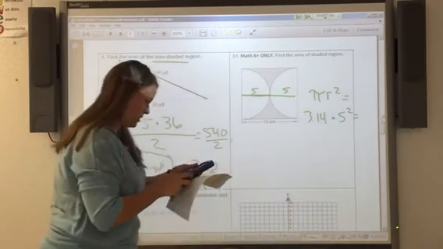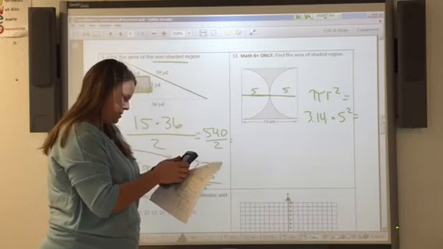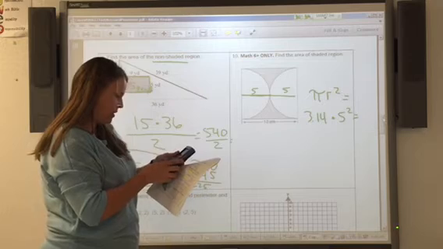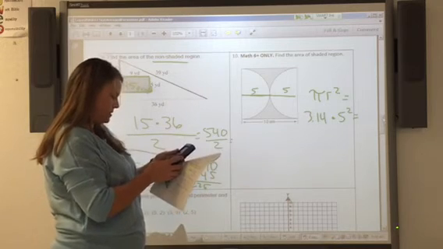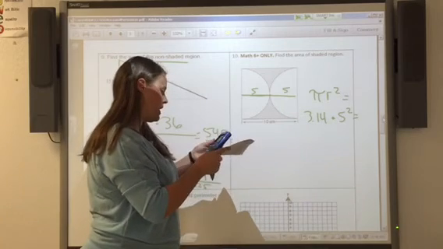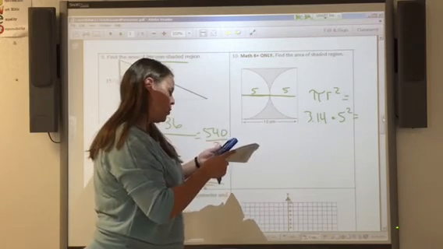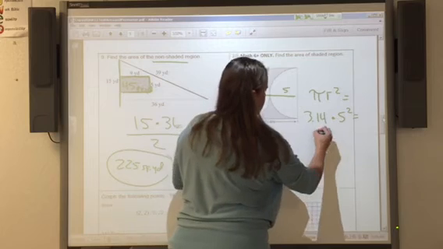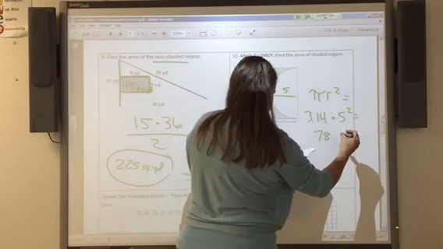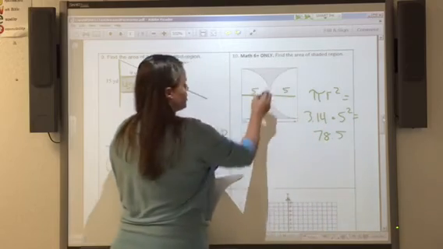So let me get my calculator. Okay, so 3.14 times 5 squared, so that's going to be 78.5 for the circles combined.